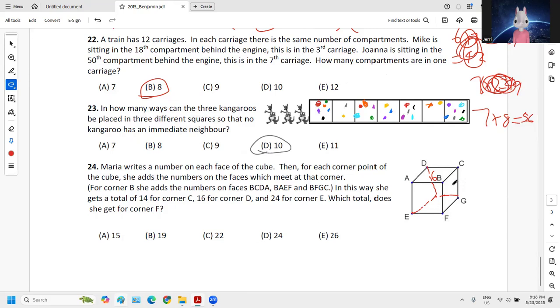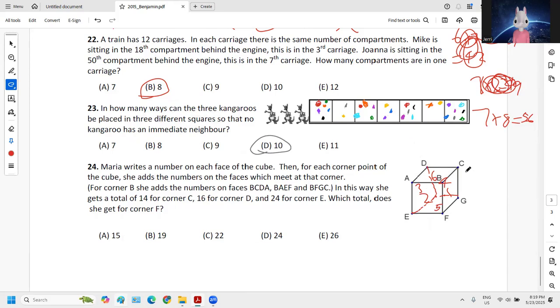This is 4 right here. 3, 1, 5, and 2. So then we can pretend that these are some numbers represented.